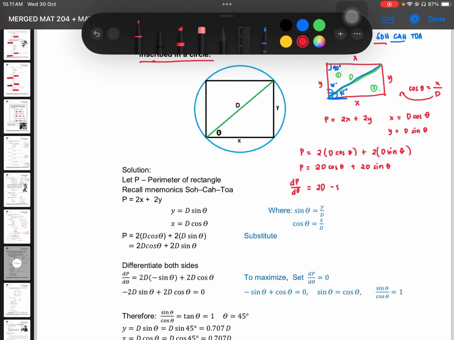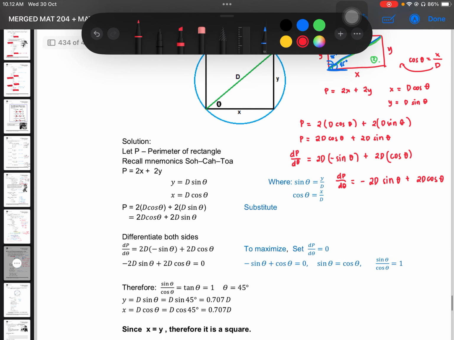It is equal to 2d, since that is constant, times the derivative of cosine theta, which is negative sine theta. The derivative of theta is just 1, so no need to write it. Plus 2d times the derivative of sine theta, which is cosine theta. So, dP over d theta is equal to negative 2d sine of theta plus 2d cosine of theta.